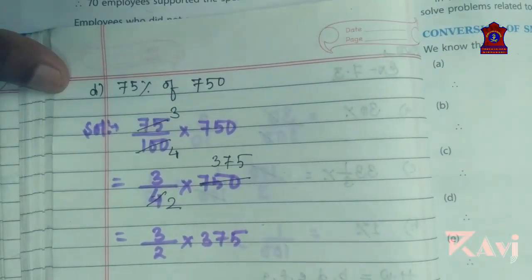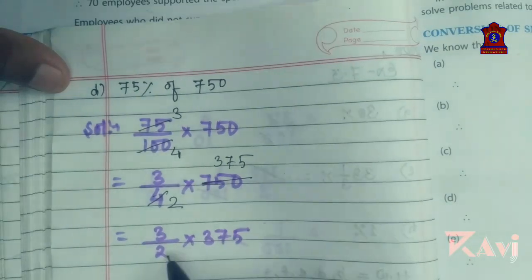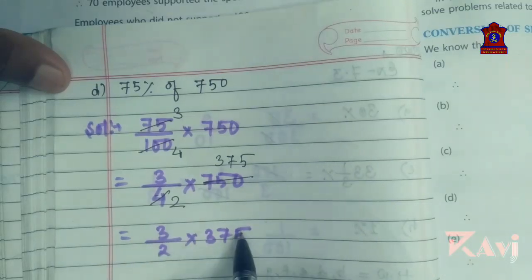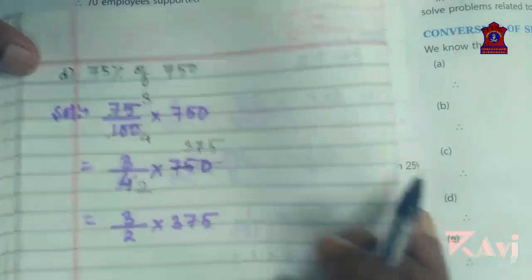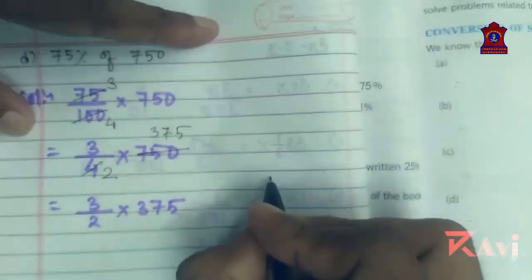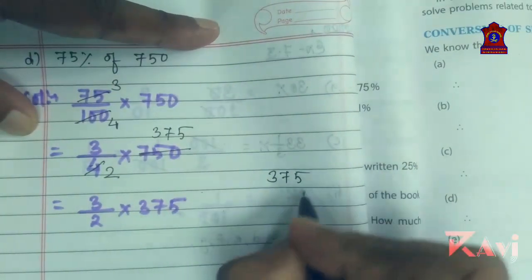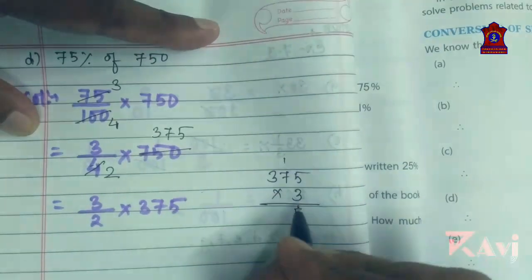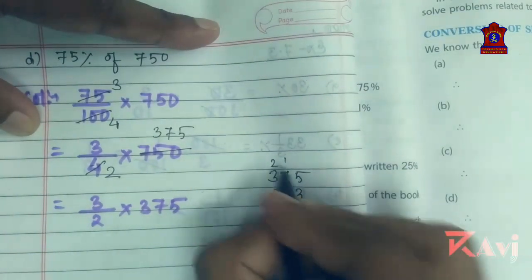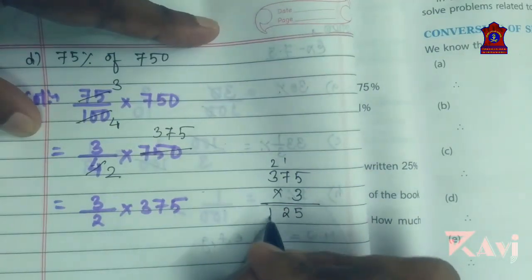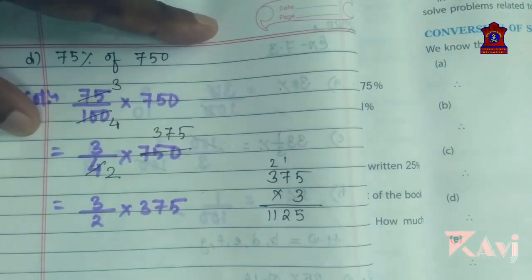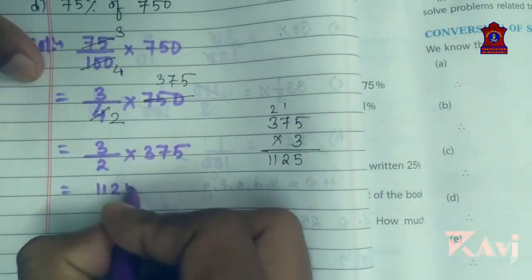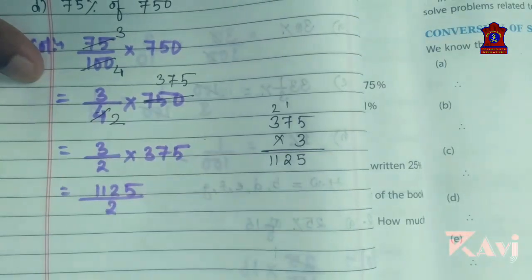Clear? We cannot reduce this further, so multiply both numerators. 3 into 375: 3 fives are 15, 3 sevens are 21, 22, 3 threes are 9 and 2 is 11. 1125, we are getting 1125 upon 2.